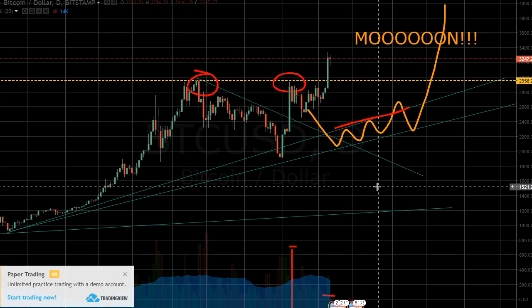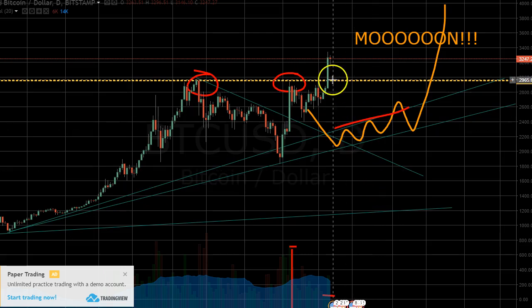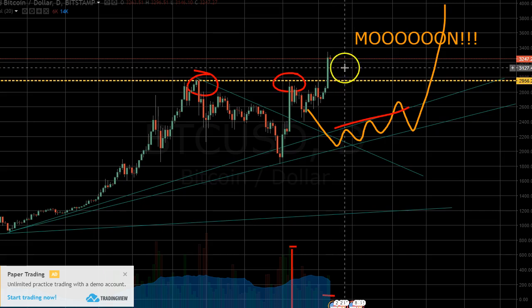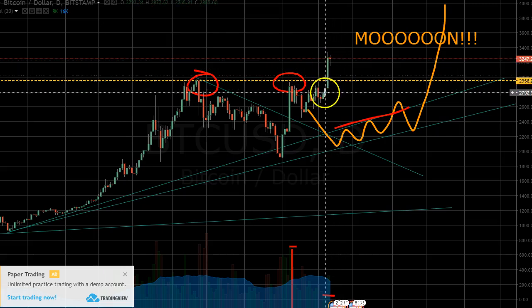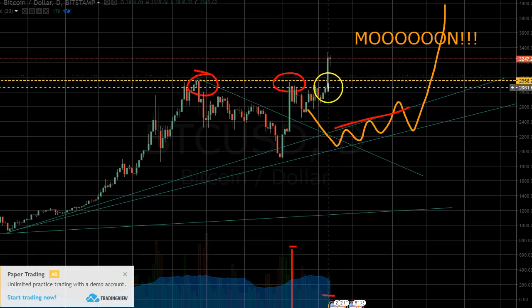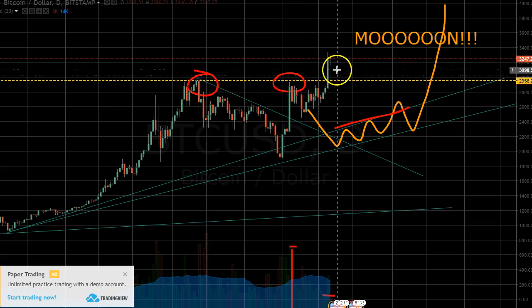So again, this means that it was actually not a very participated rally. Not many people participated in this rally. Very few, probably big buyers, pushing the market up.